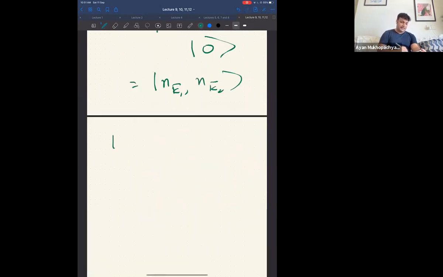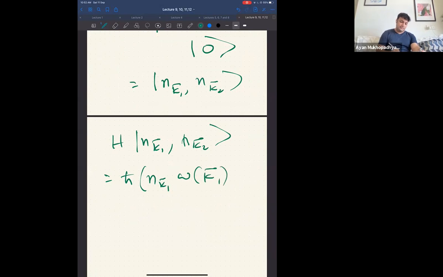So the energy of this state, H on n_k1, n_k2, would be simply h bar times n_k1 omega k1 plus n_k2 omega k2.